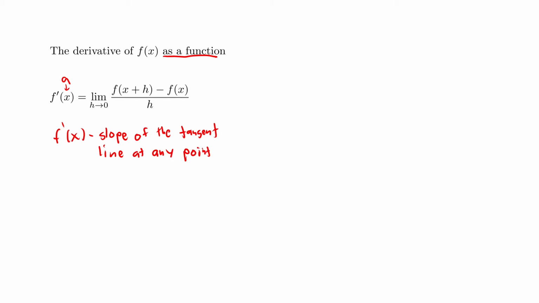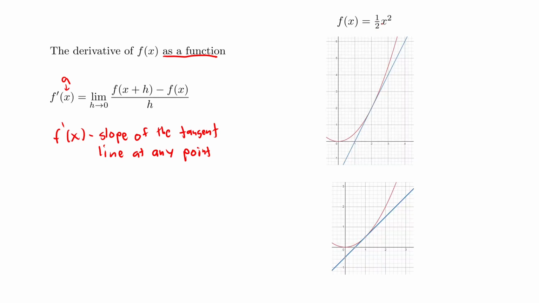So just to illustrate, if we go back and we look at our function y equals 1/2 x squared, and we consider the slope of the tangent line at two different points. So here we have x equals 2, and at this particular point we have x equals 1, and I say, well, what's the slope of the tangent line at x equals 2? Well, we just figured that out. That's going to be 2, so the derivative at that point is 2. But if we consider the slope of the tangent line at x equals 1, you'll notice that if we go over 1, we're going to go from 1/2 to 3/2.